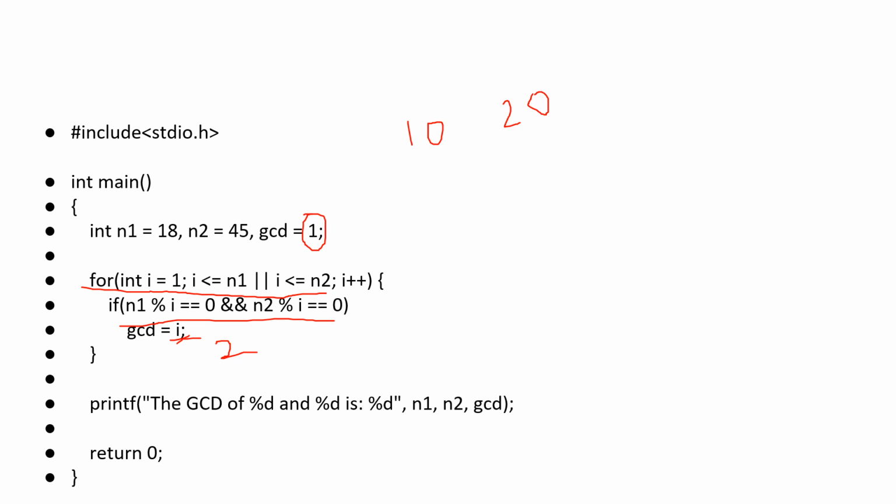So you can check whether your answer is less than or equal to 10. If two numbers do not have any common divisors, then the answer will be 1. The GCD will be 1.